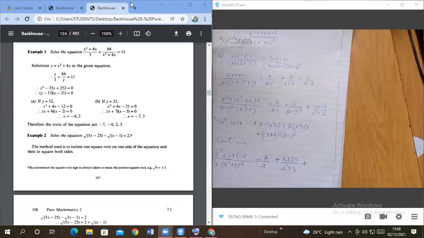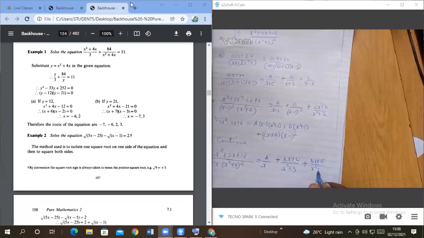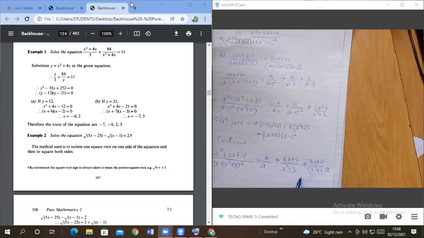Dx plus e over x squared plus 3 squared. Very good.